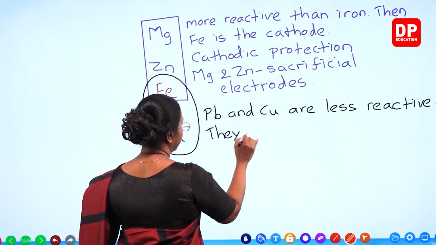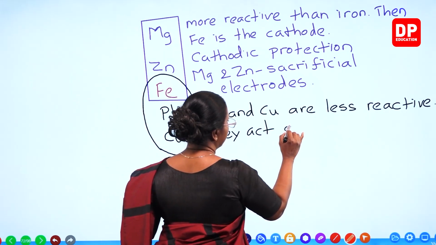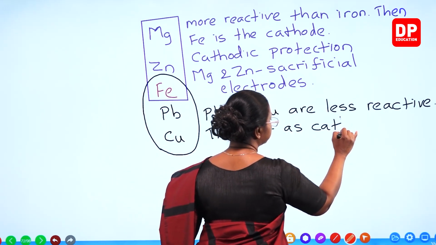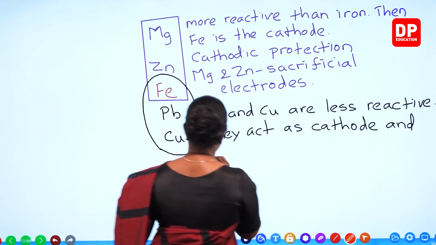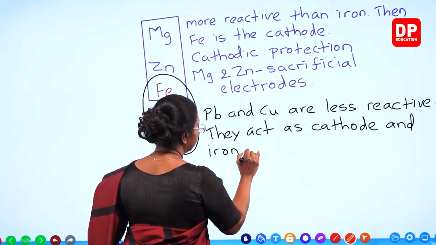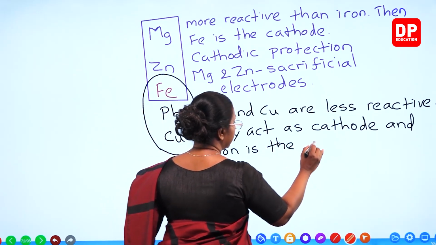They act as the cathode, and iron is the anode.